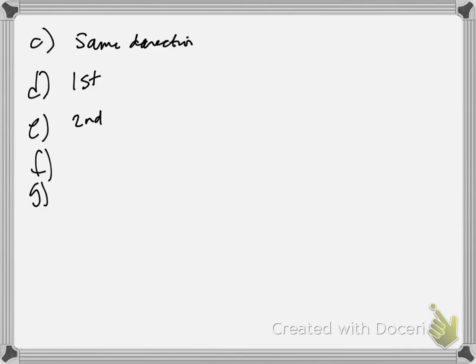Let's move on to student 2. Student 2 says the satellite's moving faster at point B because the gravitational potential energy of the satellite-Earth system is higher at point B than at point A. So there is more gravitational potential energy at point B. So the second statement is correct.